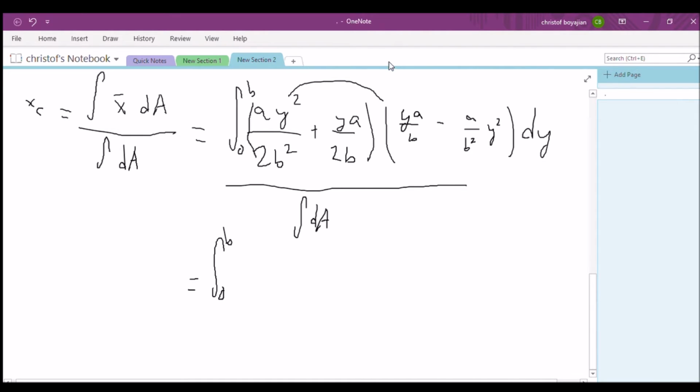So we're going to have a squared y cubed over 2b cubed minus a squared y to the fourth over 2b to the fourth.